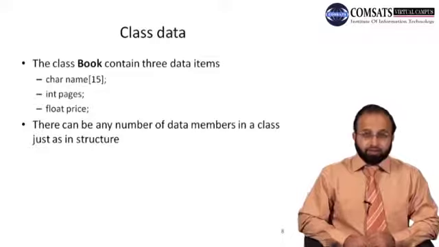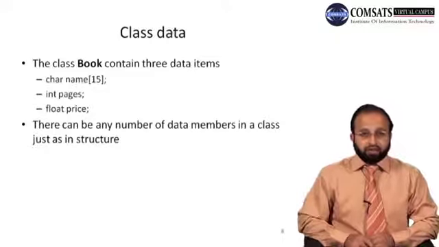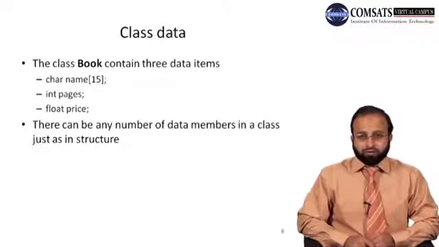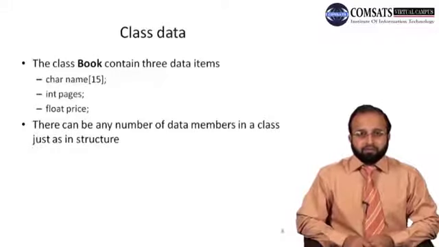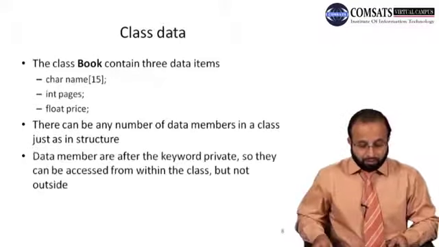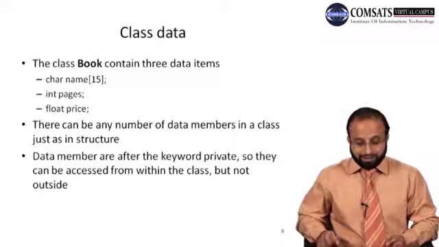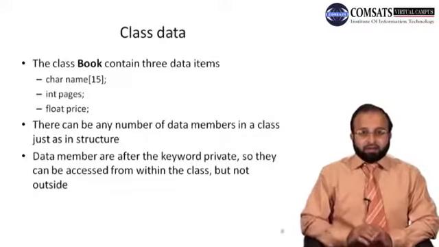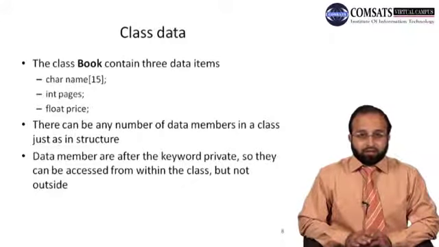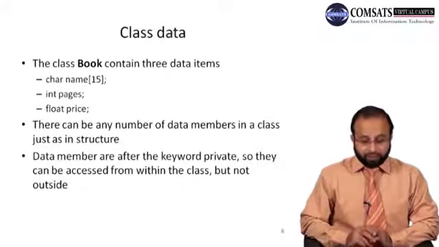Here is the same case, you can write as many data members as you can, but if you follow pure object oriented programming, you have to keep the data members private. So data members are often after the keyword private, so they can be accessed from within the class but not outside. We had a detailed debate on this, why they are not accessible outside the class and why it should be like this.